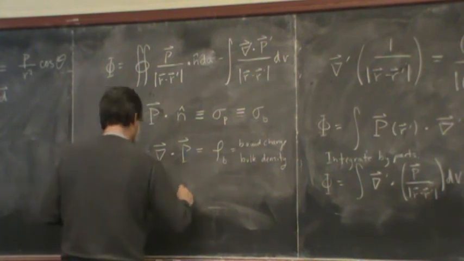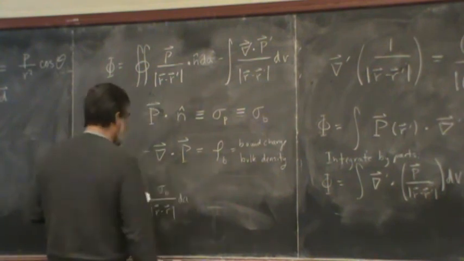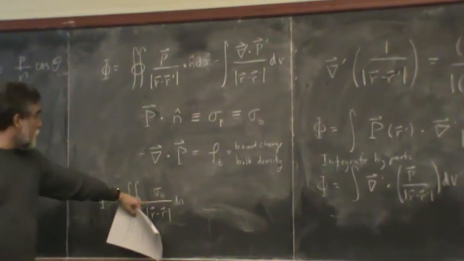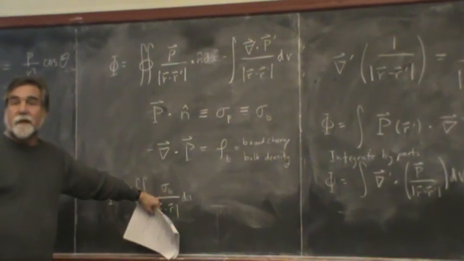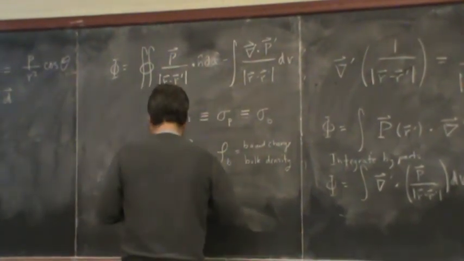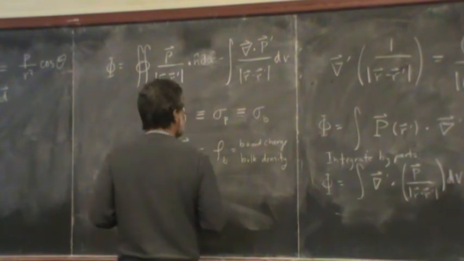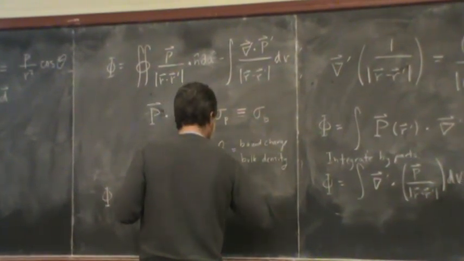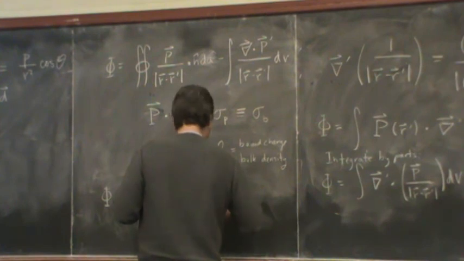Sigma bound over the distance, integrated over the surface area on which the charge sits, plus the integral, I'll be explicit here, volume, rho bound bulk.